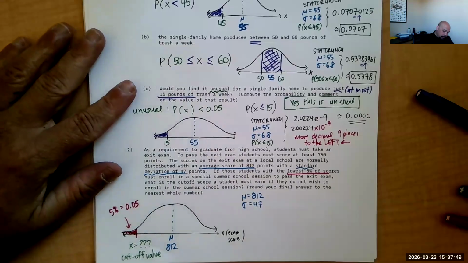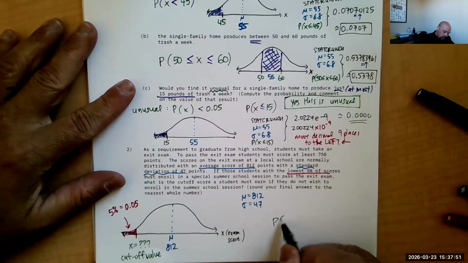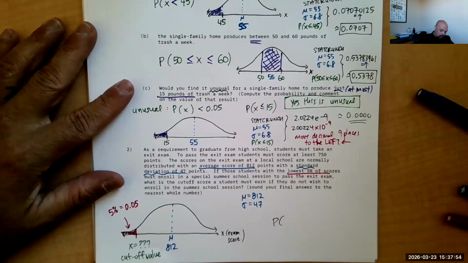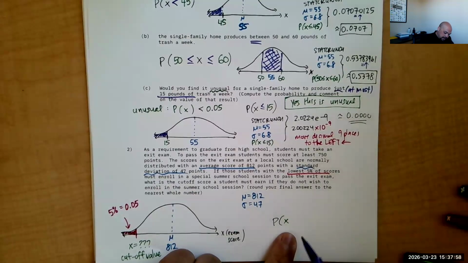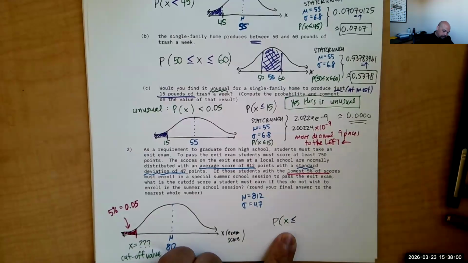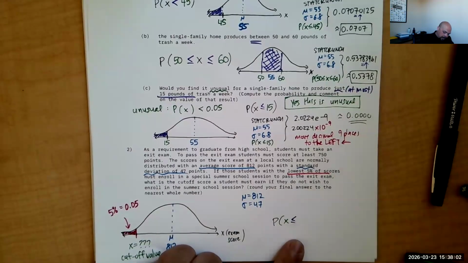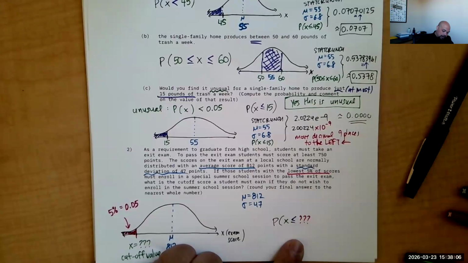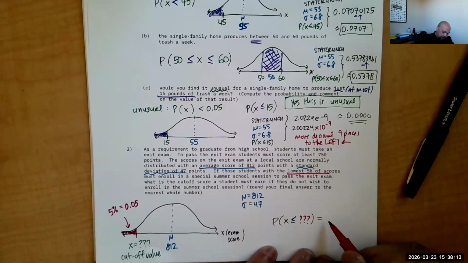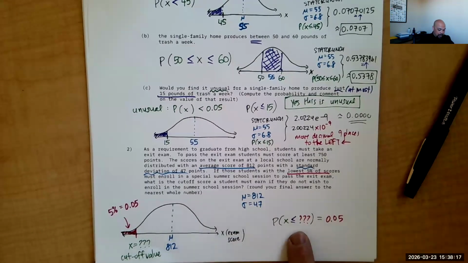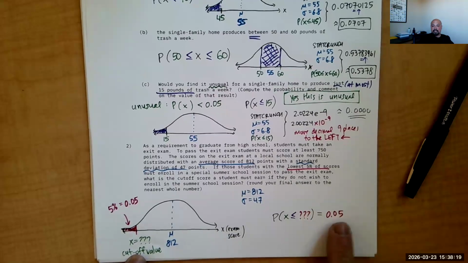In some respect, we're wondering that if our X value is less than or equal to some value, what is that amount, for that area, that 5%, 0.05? So we're trying to find that cutoff value, that X value, to give us this amount of area.